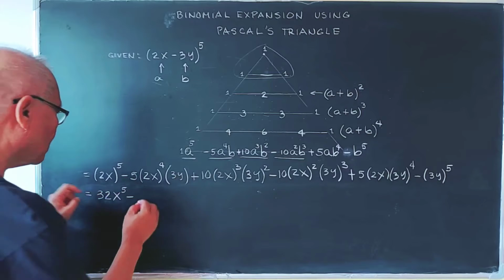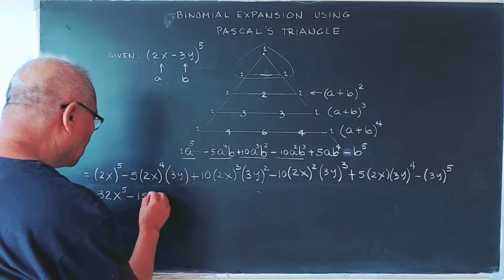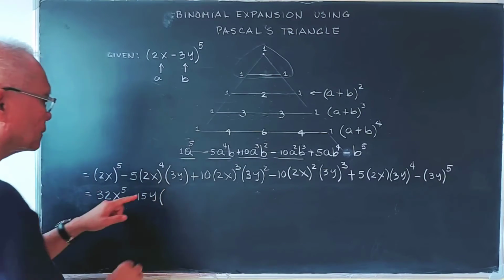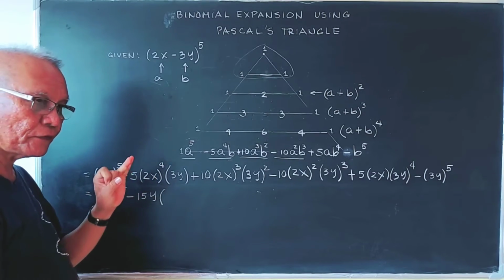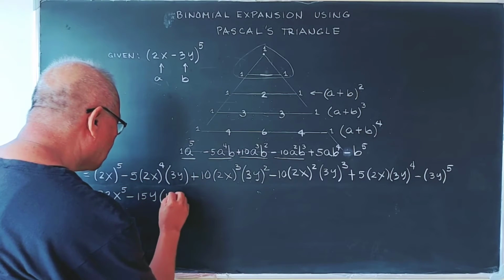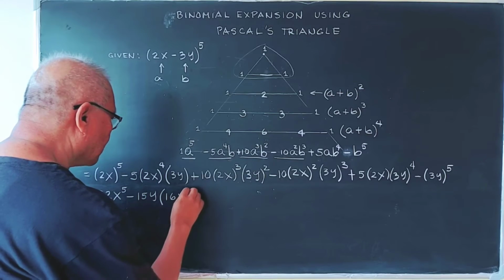So 5 times 3y is 15. We have y here, and then this one 2x to the 4th. 2 times 2, 4 times 2, 8 times 2 is 16. So we have 16 here, x to the 4th.